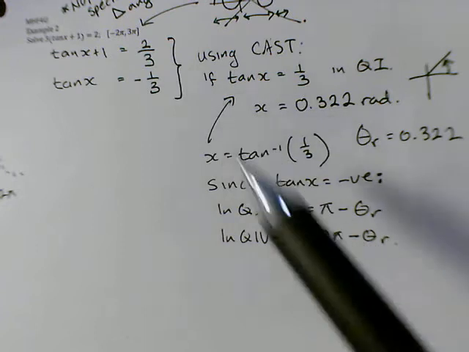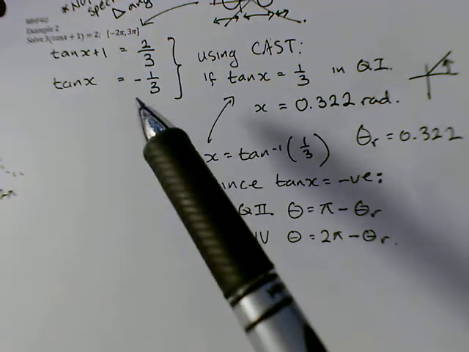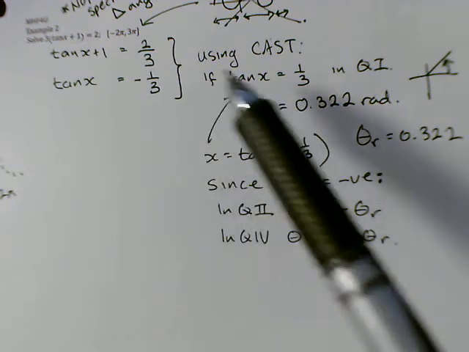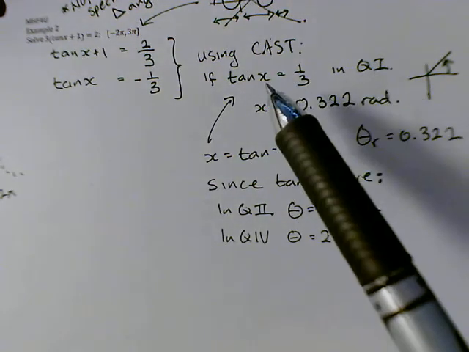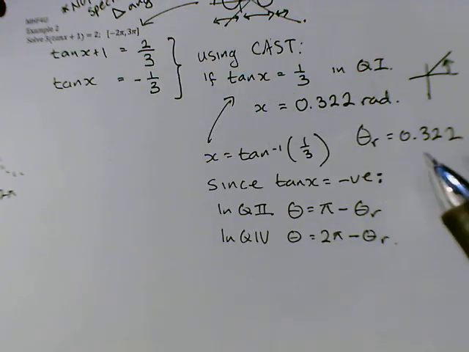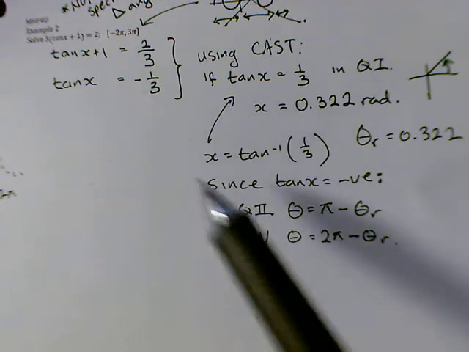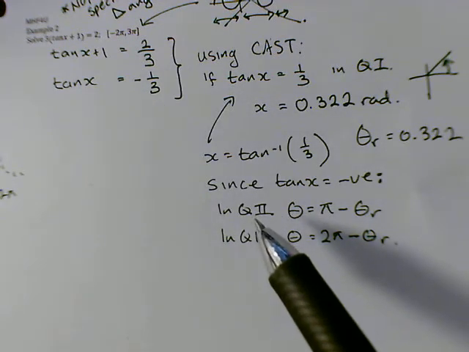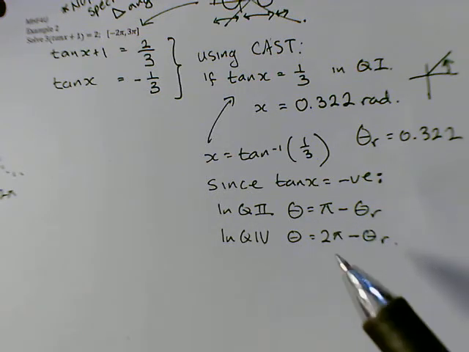Negative 1 over 3 automatically tells me that it's in quadrant 2 and 4, but we'll get to that after. If it was a positive 1 over 3, in other words, in quadrant 1, what would my angle be? Well, it should have been 0.322. But since the tangent is a negative value, it's going to have to be quadrant 2 and 4, which can be calculated in this way.